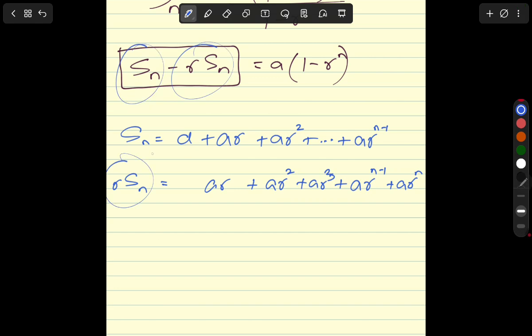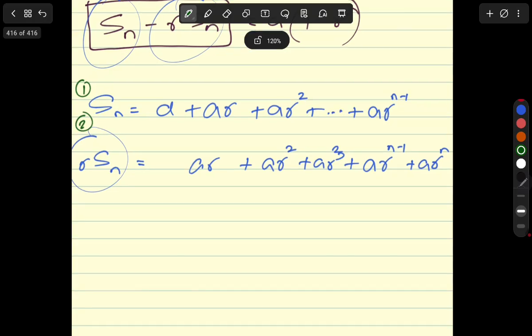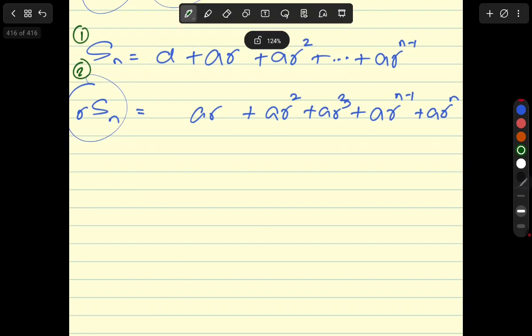If I take a difference of these two equations, this is equation 1, this is equation 2, this is going to become Sn minus r times Sn. So a minus nothing, so this becomes a, plus ar cancels ar, so all of these get cancelled, and only this remains.